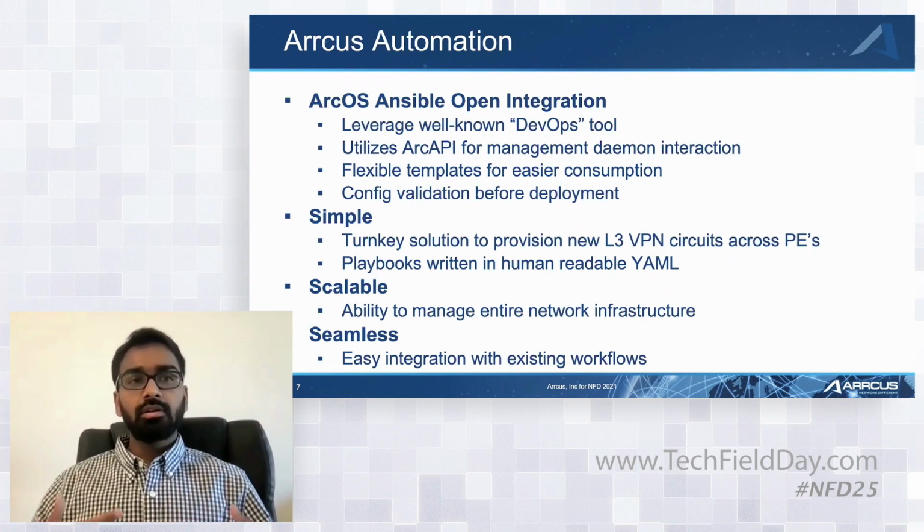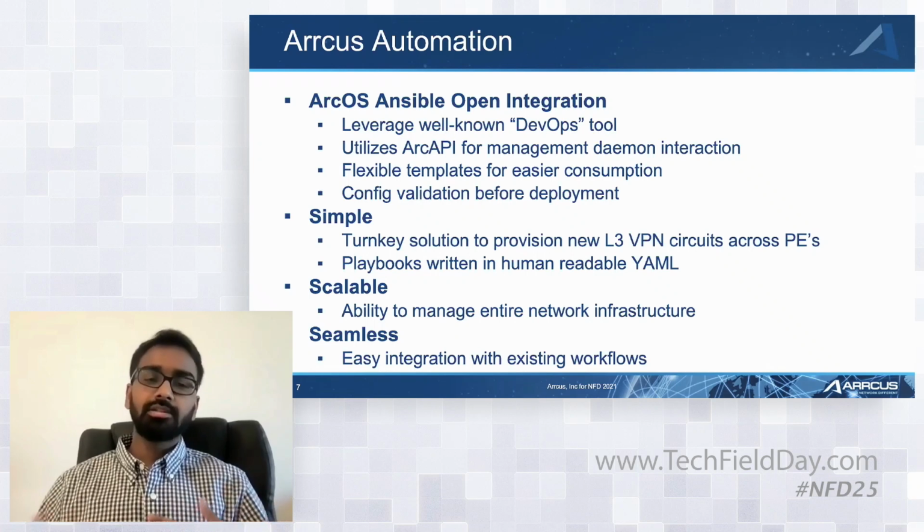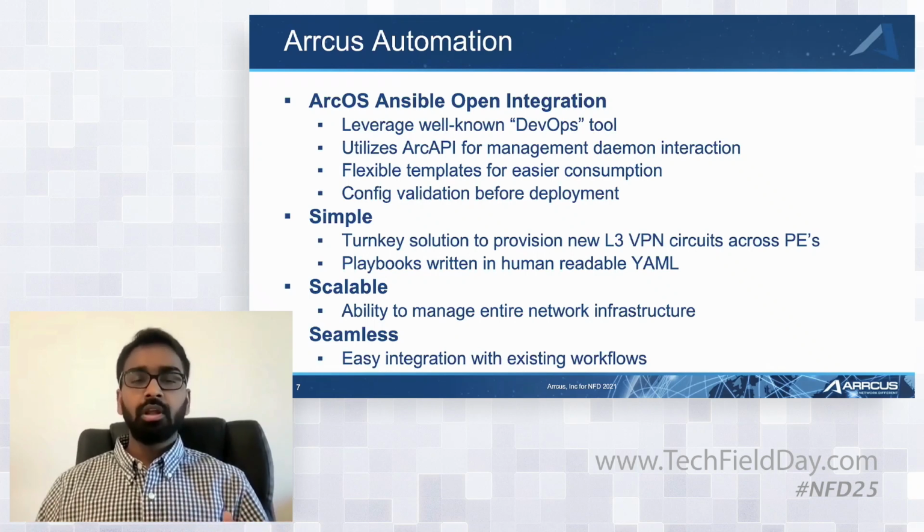Now, the other interesting aspect here is that before you do any sort of provisioning with Ansible, since ArcOS by default enables a transaction-based CLI, you don't have to instantly push the configurations.